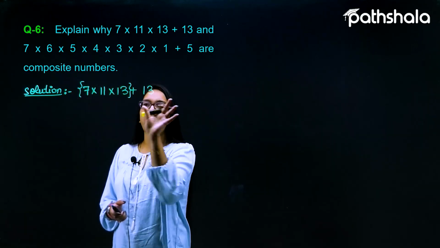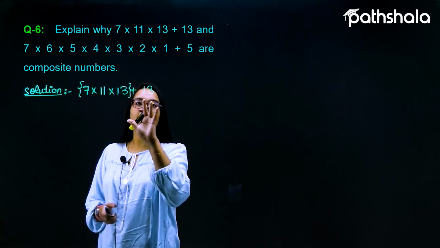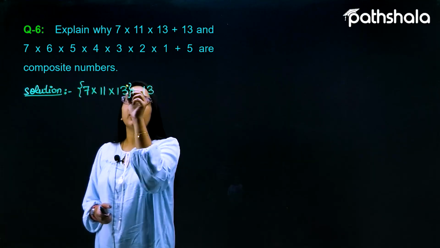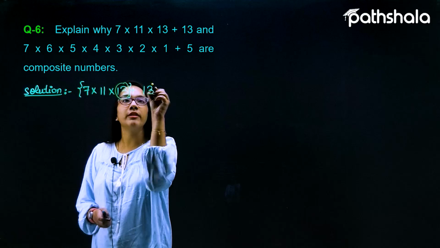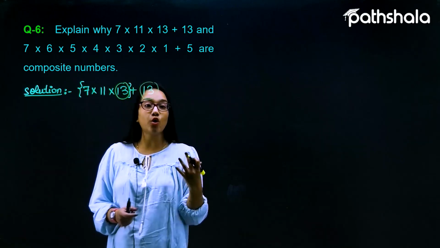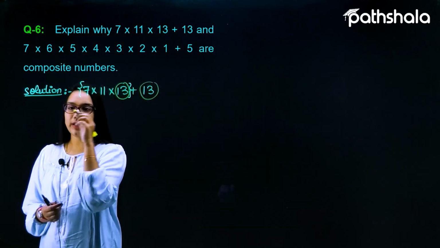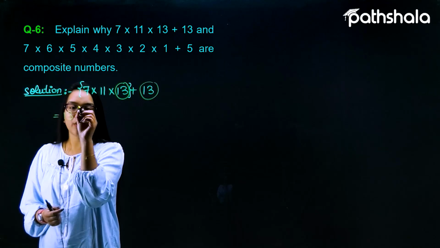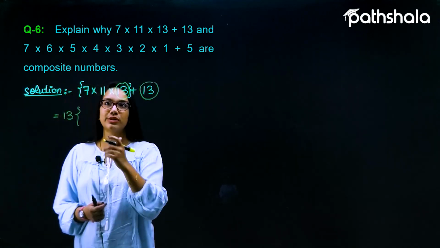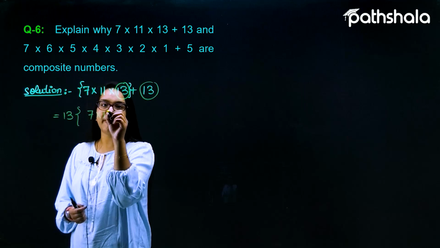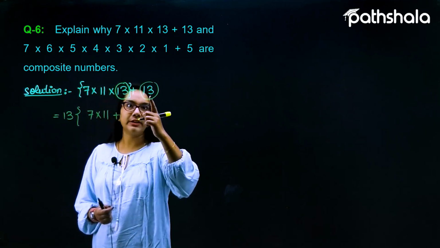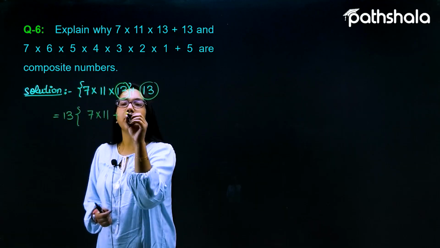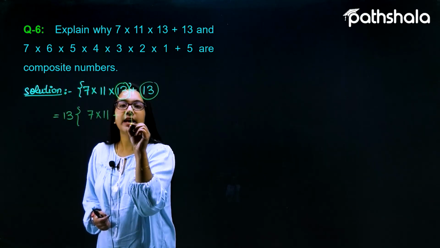There are basically two terms, 7 into 11 into 13 plus 13, and we can see that 13 is common between both. So we can take 13 common out of it, and we get 7 into 11 plus, when we take 13 common, 1.